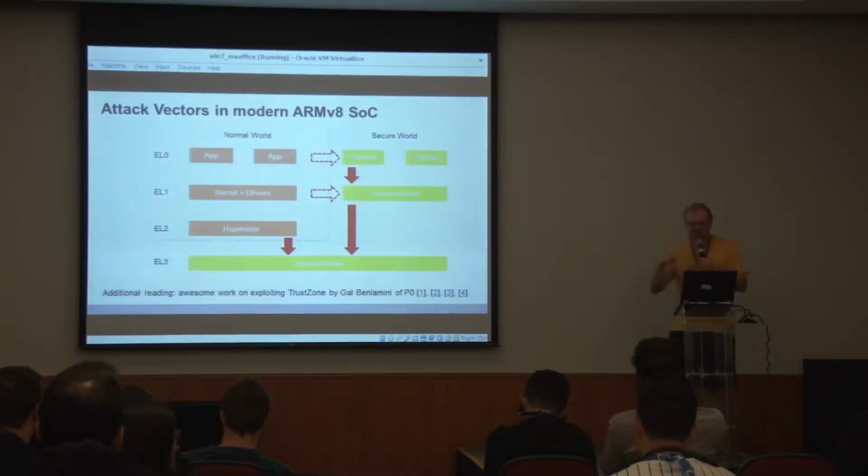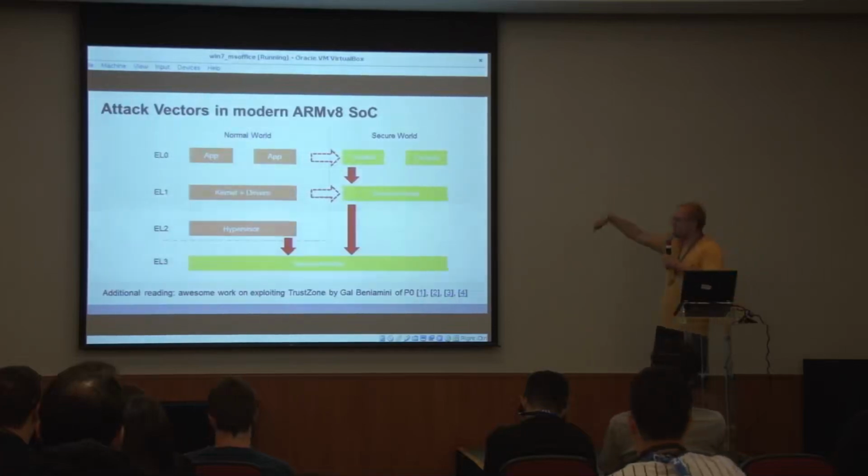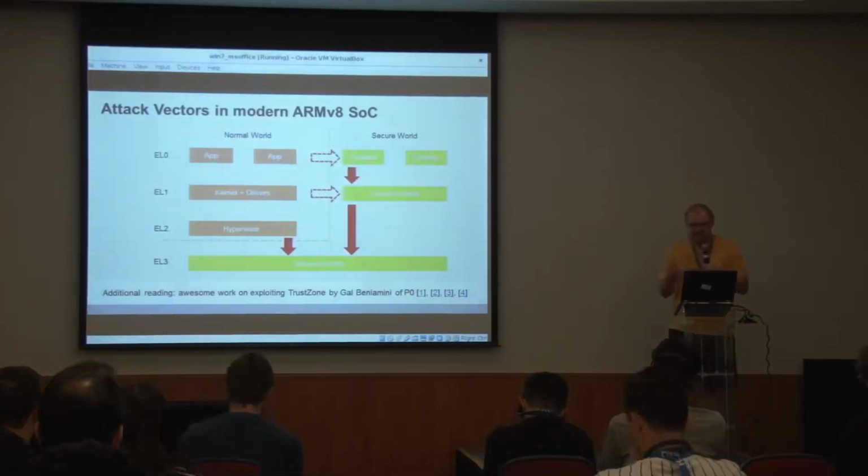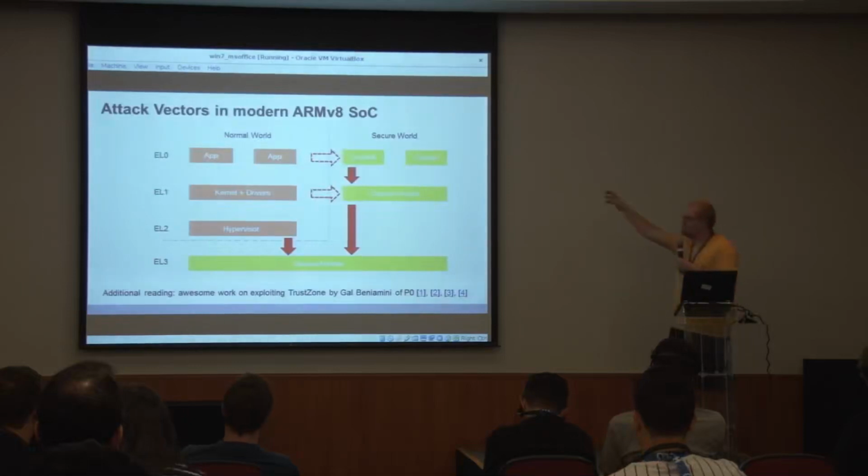Then you can compromise that vulnerable trustlet from the normal world, and then you can build the attack from the trustlet to compromise the entire secure world. And interestingly, these attacks are not really well investigated, because there are no good methods to investigate the secure world if you have already compromised a trustlet.